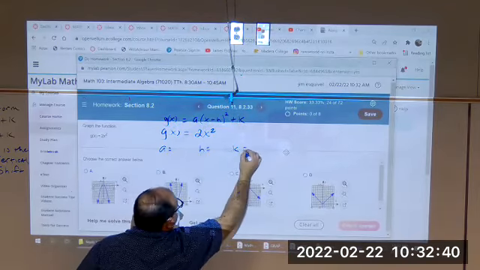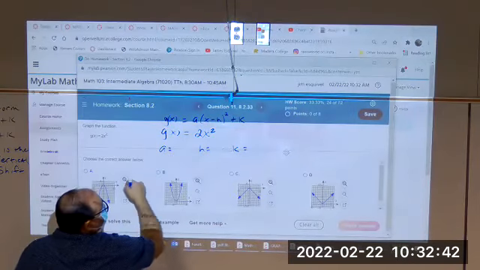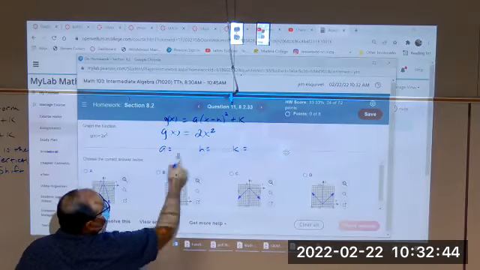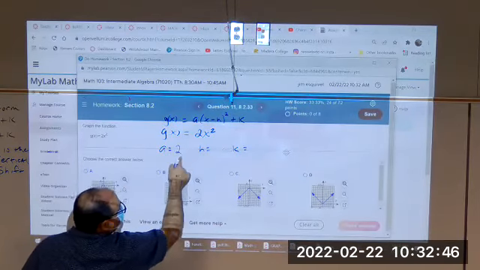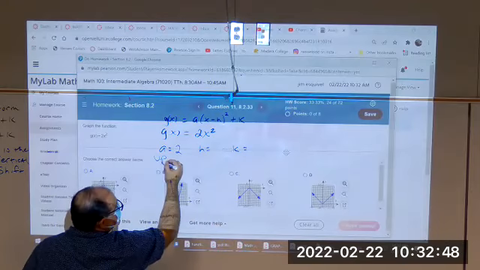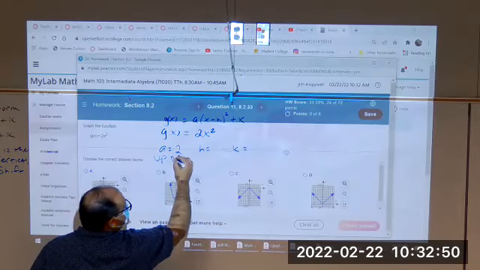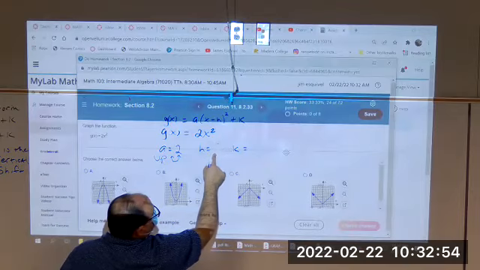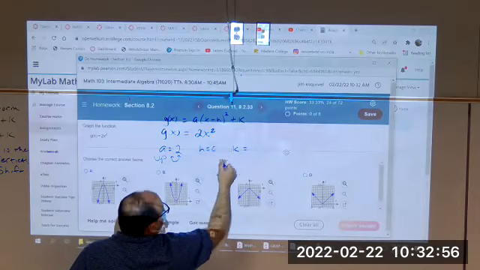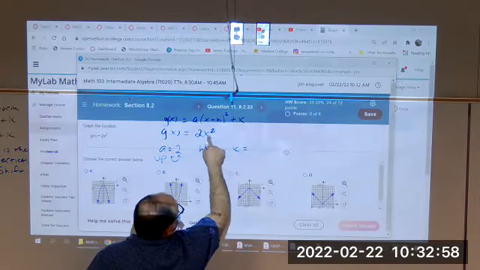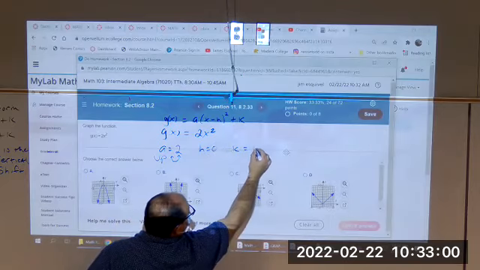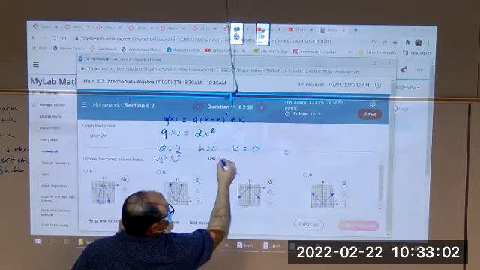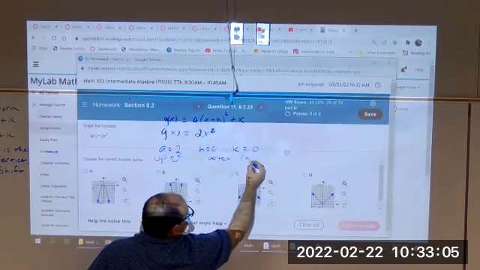H, k. What's the a? Positive 2. And if it's positive 2, it's going to go up. Is there a parenthesis? What would h be? 0. Is there something added or subtracted outside of the square? No. So the vertex is going to be at 0, 0.